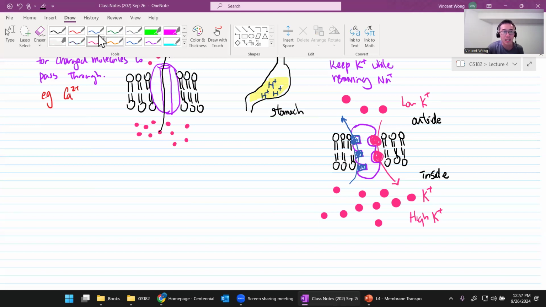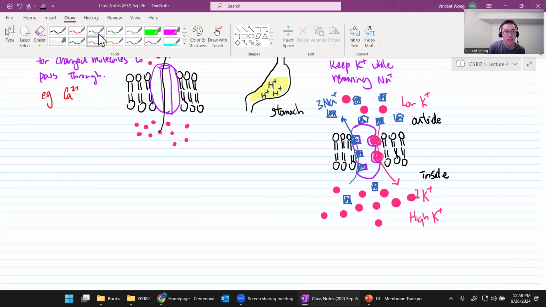At the same time, we will have a bunch of sodium here, and we would have more on the outside. For every 2 potassium that you bring in, 3 sodium are going to go out.